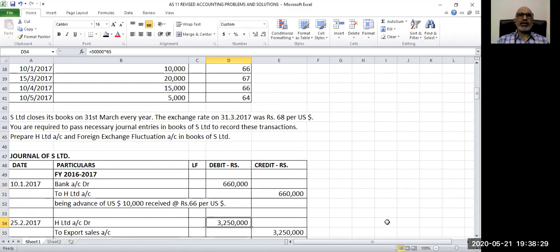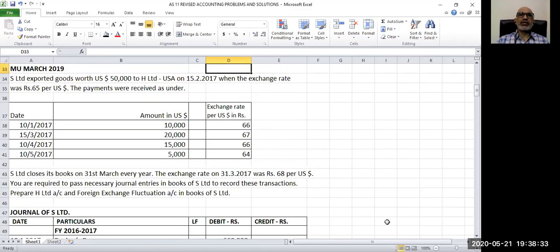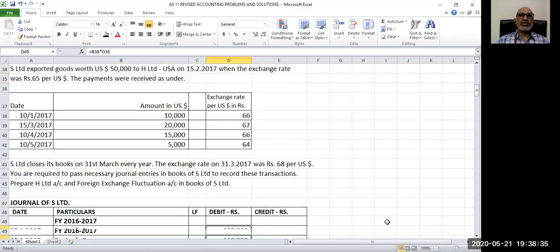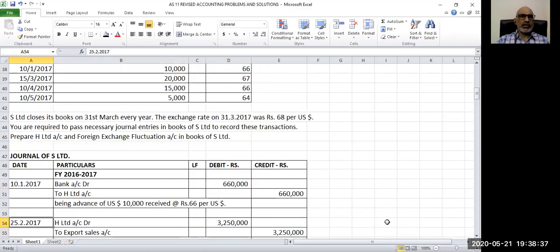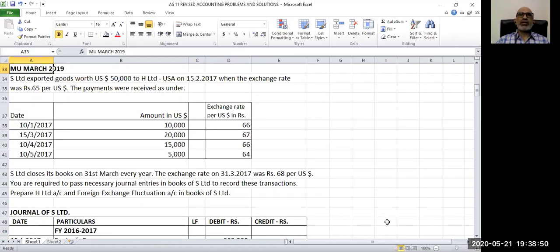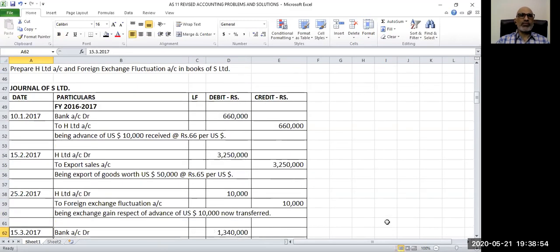After recording the advance, if you see the data, on 15th Feb 2017, there is a sale. Let me correct the date here, it is typed out as 25th, it's 15th. So on 15th Feb, we have an export sale. The details are $50,000 at the rate of 65 per dollar. So our entry will be H Limited account debit to export sales.